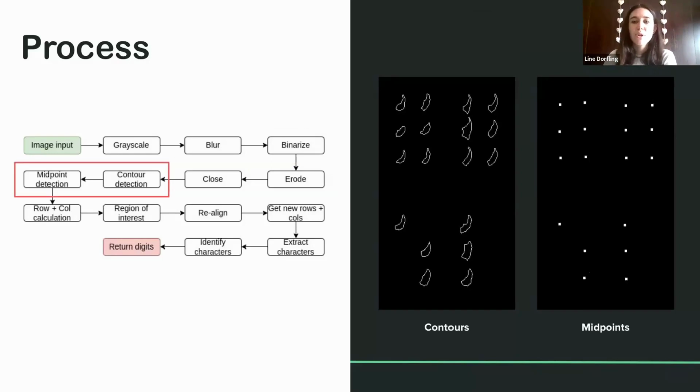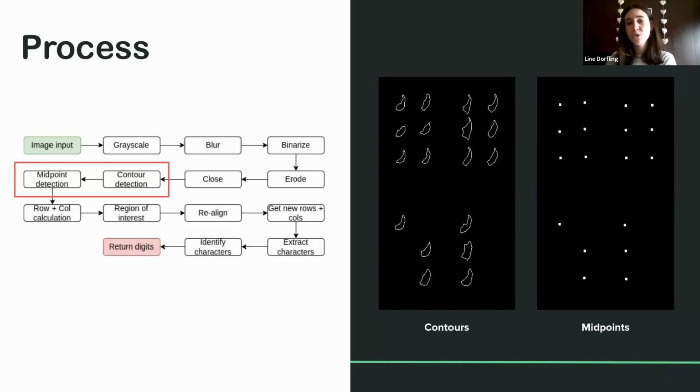Here you can see the contours that we've detected and the midpoints relating to them. Now, on the midpoint image, where all of the blobs have been reduced to a single pixel, essentially, you can see that even though some of them were meant to be in the same row and column, they're not perfectly aligned.